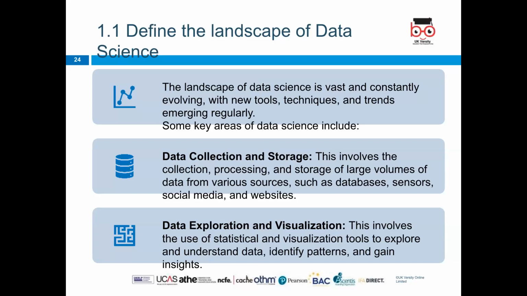What is data collection? You might be asking yourself what data collection and storage is. Like the name says, this involves the collection, processing, and data storage of large volumes of data from various sources, such as databases, sensors, social media, and websites. Just to go deeper into it, take a social media, for example, like Facebook.